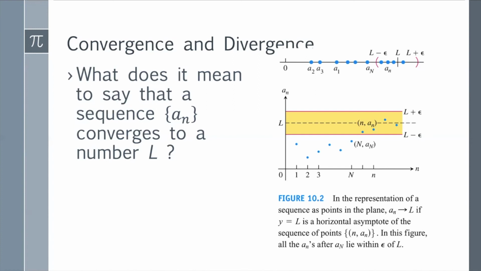Imagine that you built a tube around the number L. What it means for the sequence to converge is that no matter how narrow you make that tube, eventually all of the numbers in the sequence will fall within that tube.